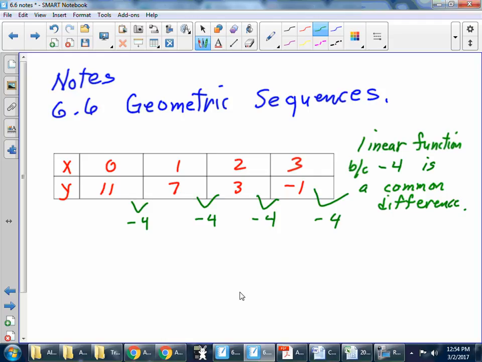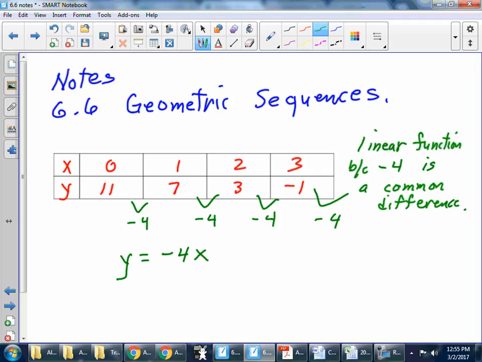Now, if we were then to incorporate that slope, we would say y equals -4. Brandon, what's the next part? -4x. Good. Y equals -4x.